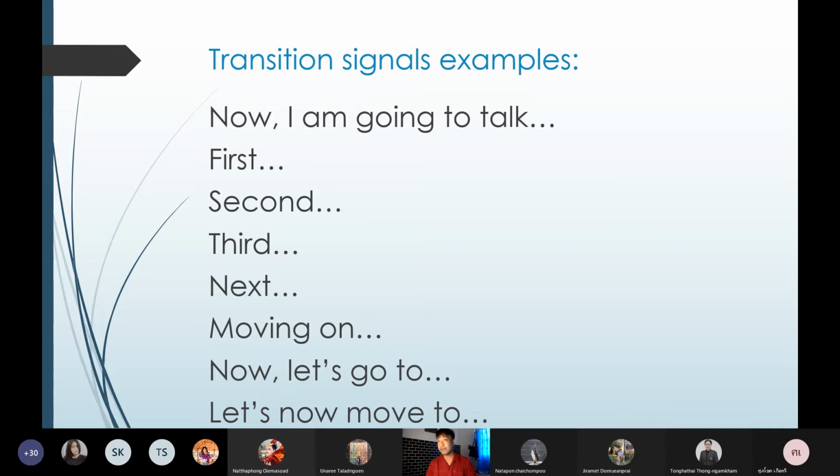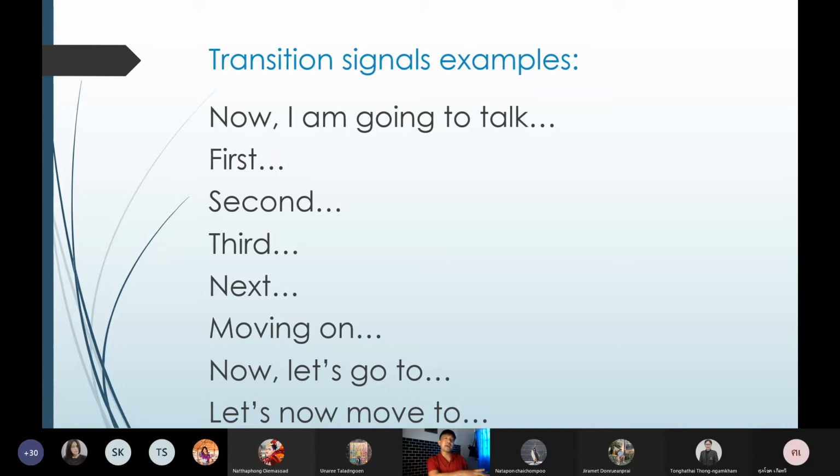Second, I'm going to talk about tires. Third, I'm going to talk about style. Or you could say, next, I'm going to talk about, or moving on, I'm going to talk about speed. Now, let's go to speed. Let's now move to speed.